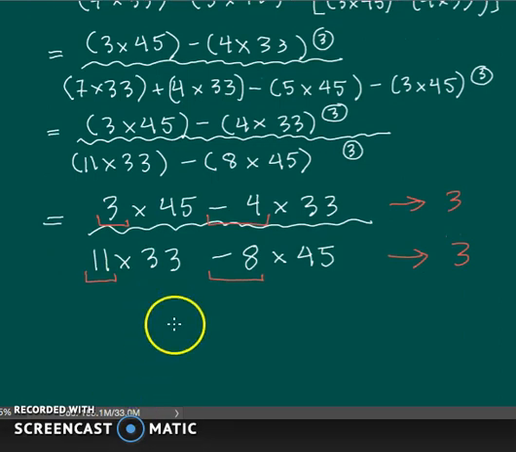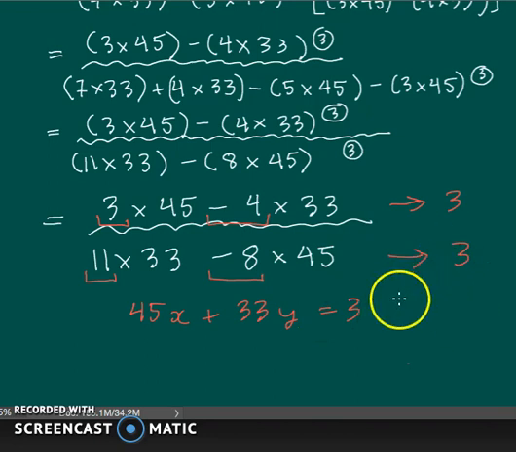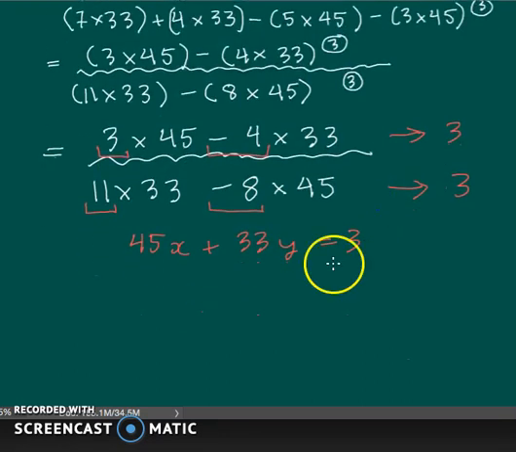So let's think about the original equation that was our question. We had 45x plus 33y equals 3. Well, we've found out what that x and that y could be. Looking at the two equations up here, we can substitute.